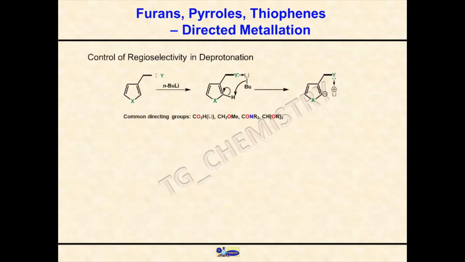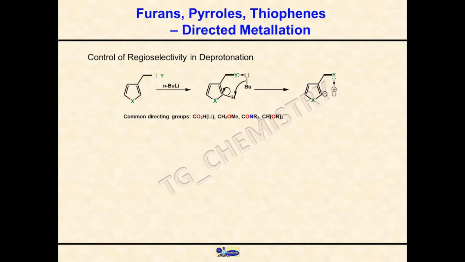So now we will talk about the directed metallations for furan, pyrrole and thiophenes. The control of regioselectivity in the deprotonation can be shown here, that the Y, which is a nucleophile, can come and bind with the lithium, the metallic part, through a coordinate bond, and eventually the butyl anion can abstract the alpha hydrogen, deprotonating the alpha proton of the heteroatom.